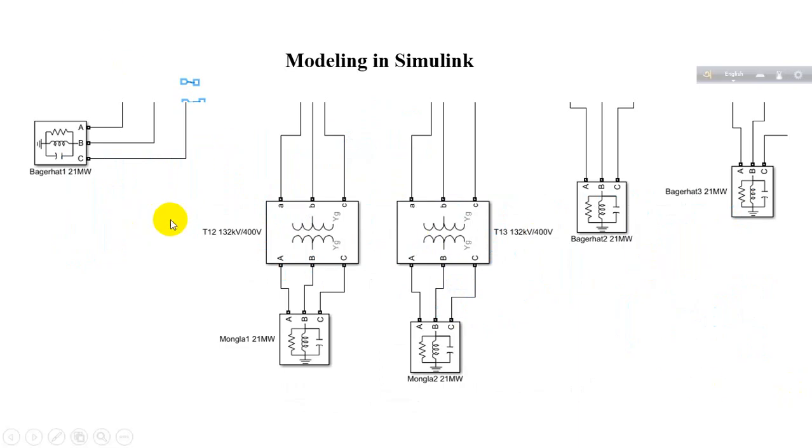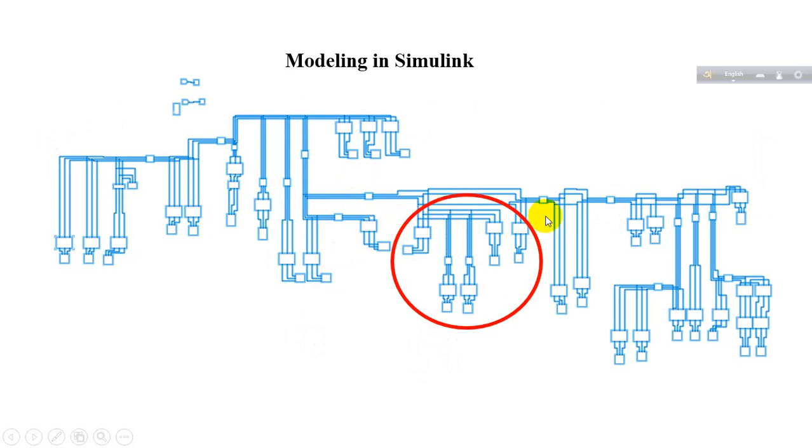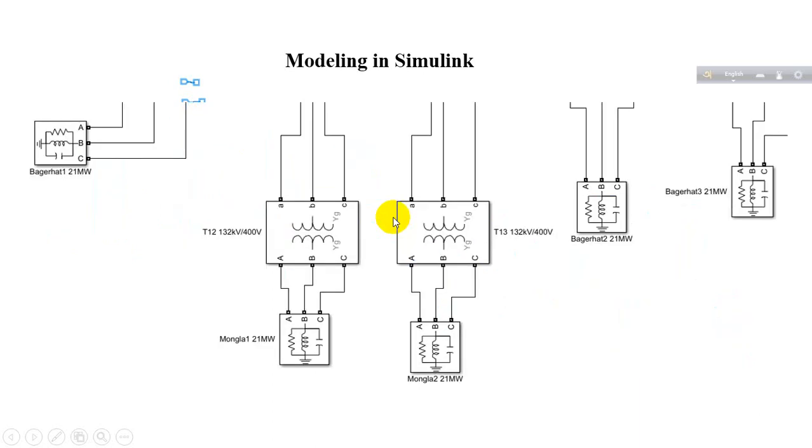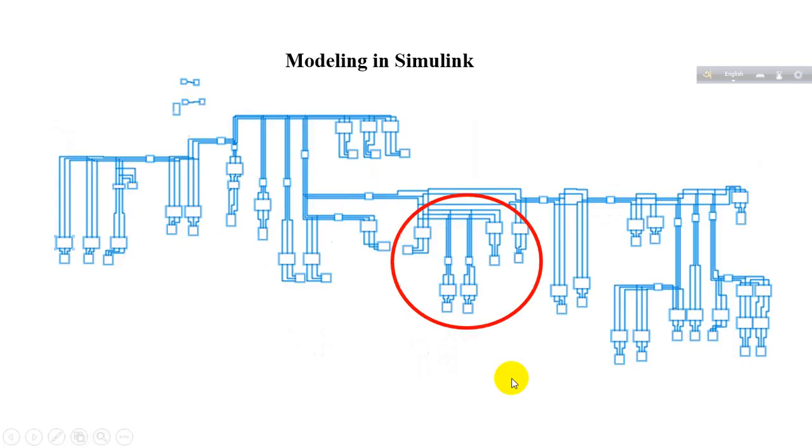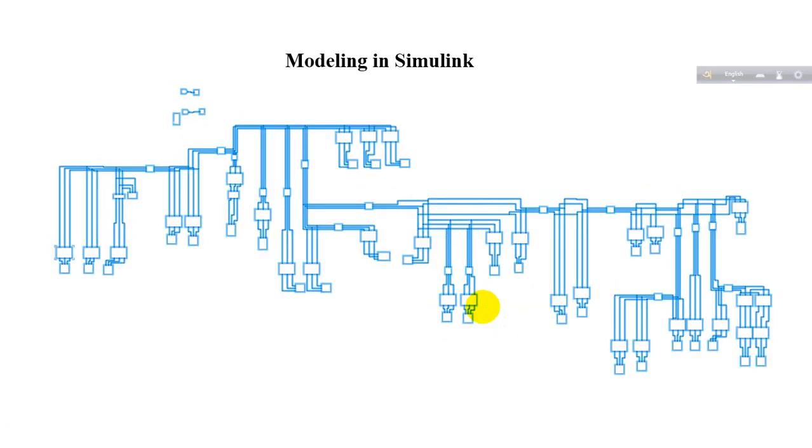You may be confused about why Mongla is in the middle of Bagherhat. Actually, in this case, Bagherhat contains this northern portion, and Mongla contains this southern portion. A 2 line has gone out from there to the Mongla area.